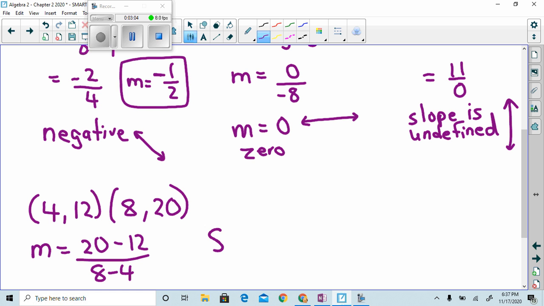I'm going to get 8 over 4. So my ratio is a 2-to-1 ratio, so m is equal to 2. 2 is positive. It's going to go uphill. And it's a positive slope. Why? Because the number is positive.